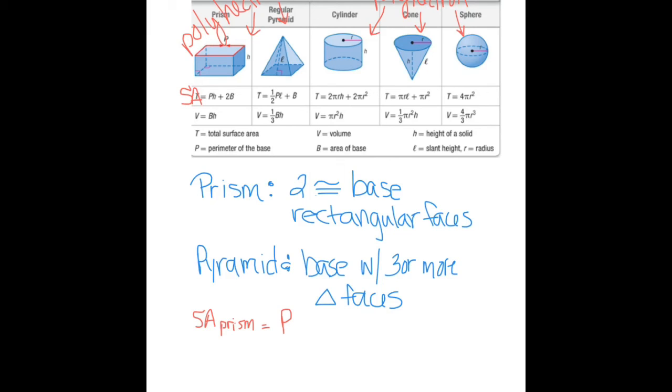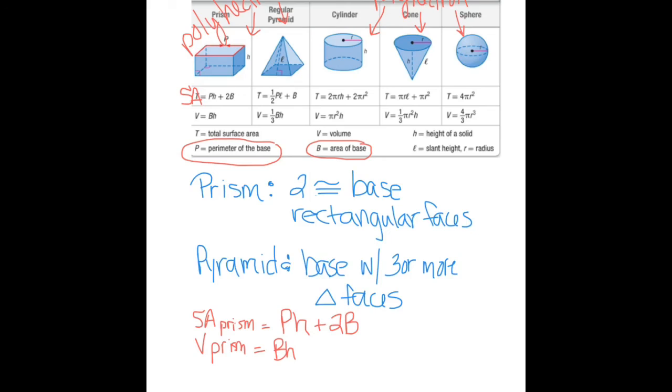That capital P stands for perimeter of the base, times the height of the prism, plus 2 times capital B, which is the area of the base. And then the volume of a prism is just the area of the base times the height.